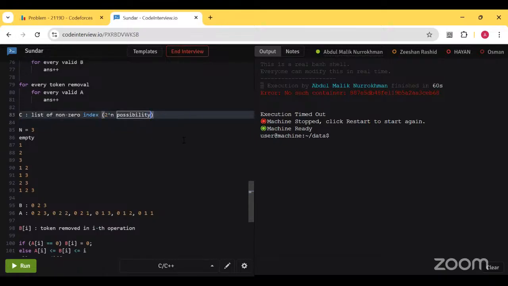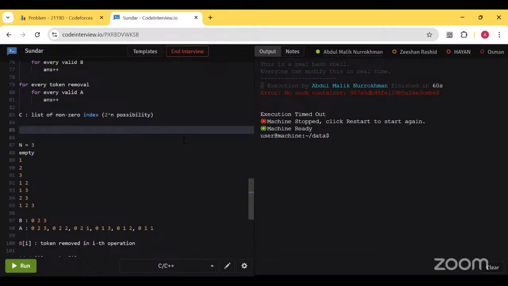All right. What else? After we get array C, actually we just need to think about it like this.